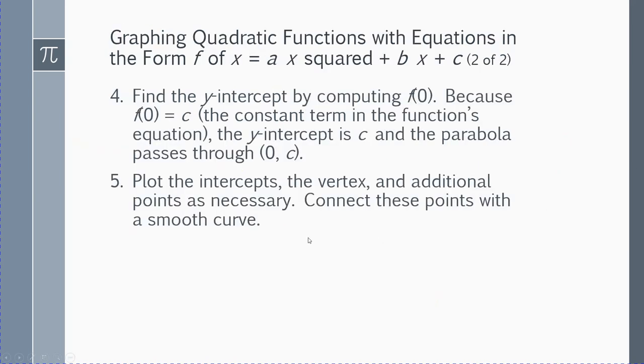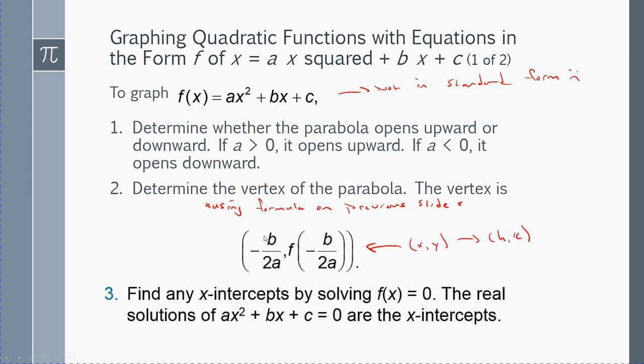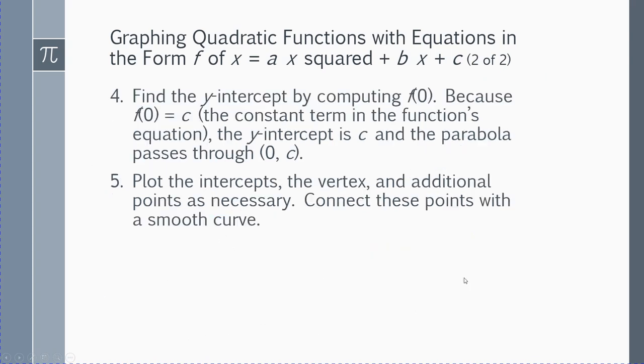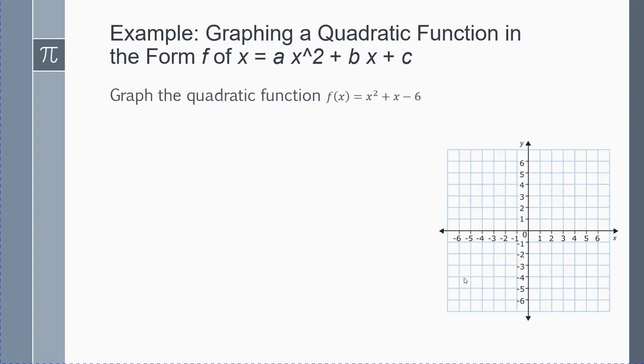All right, whew, not so easy with fractions, but that's okay. So find the x-intercepts by solving f of x is equal to 0. Okay, so let's do that. You get x squared plus x minus 6 is equal to 0.